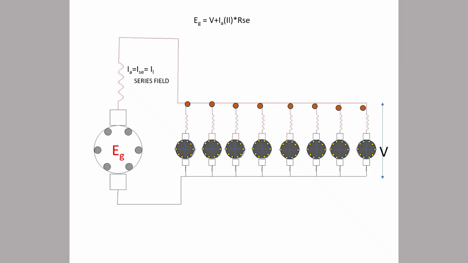Suppose the conductor is under the influence of the N pole, in which direction will the current be produced? When it is under the S pole, it will be reversed. Then it would become AC in nature, but with the use of brushes we are neglecting it. How we are converting it into DC will also be discussed in future. So this is the basic idea.